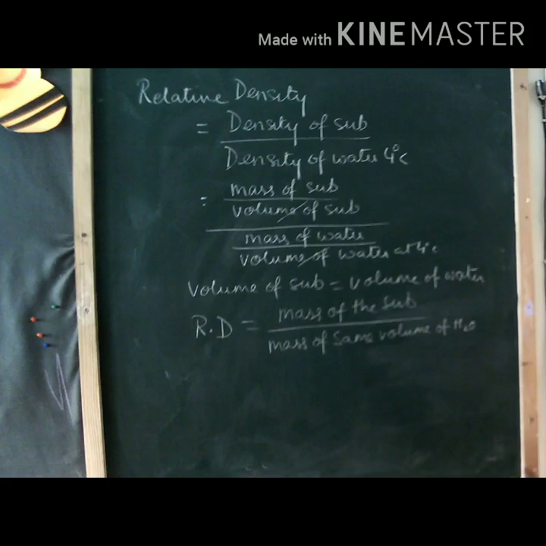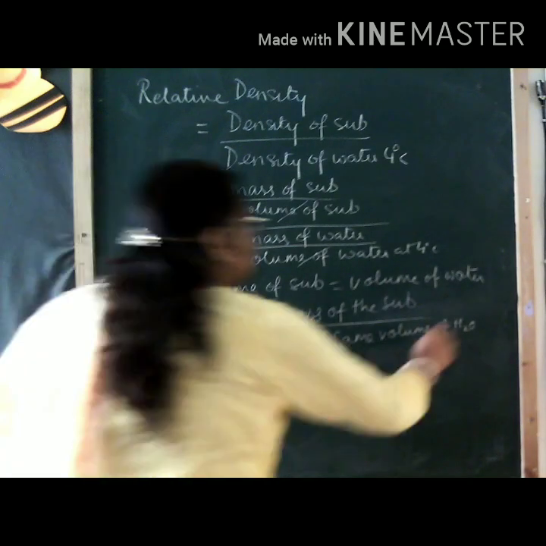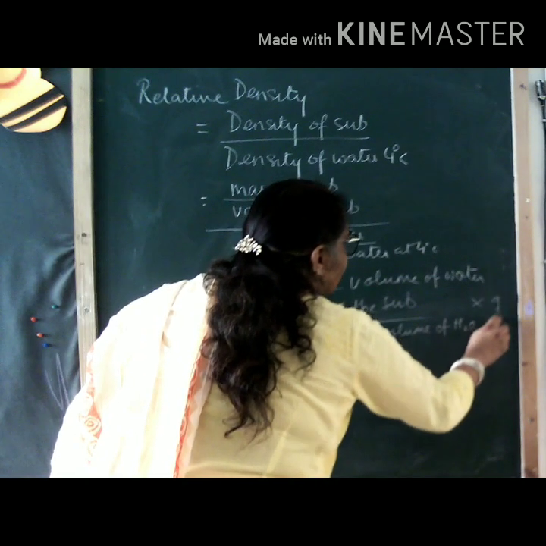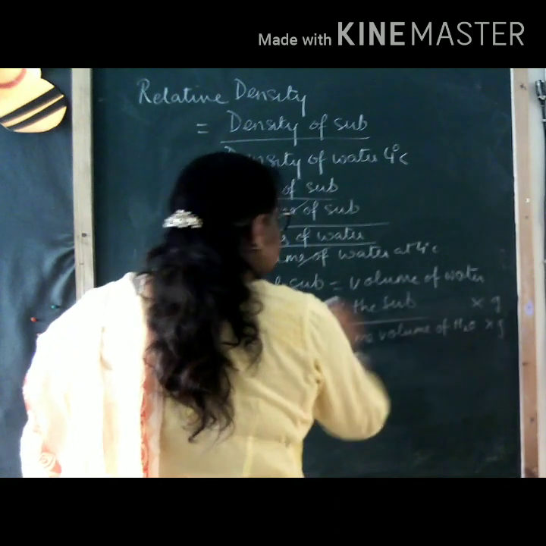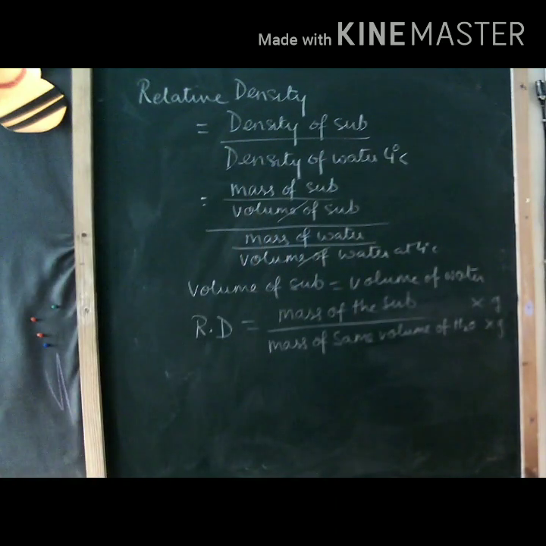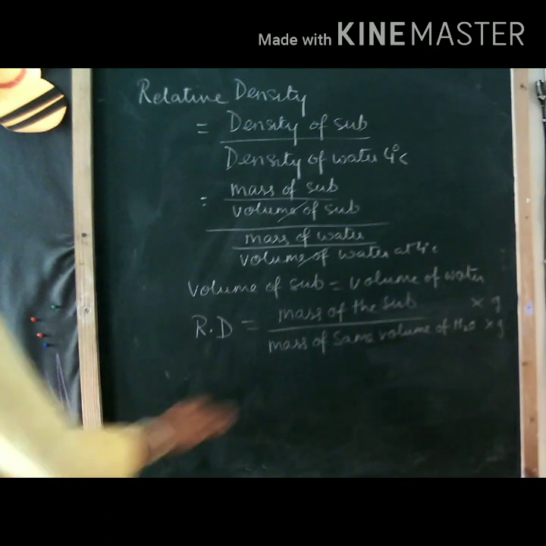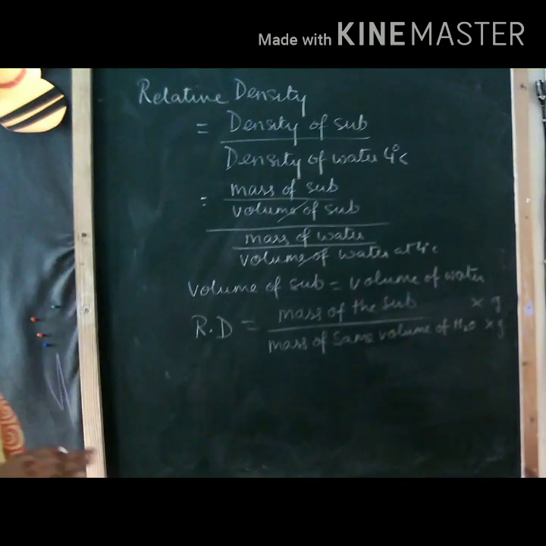Now children, if I multiply and divide the numerator and denominator by g, what is m into g? m into g gives me the weight. And you know, dividing and multiplying by the same quantity doesn't change the value of the fraction.